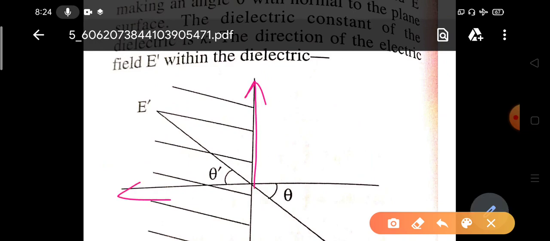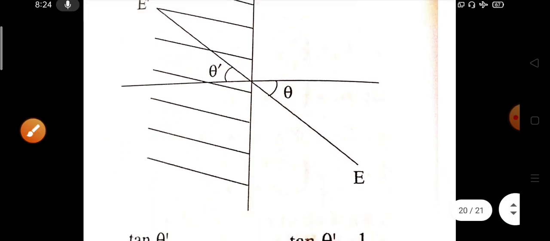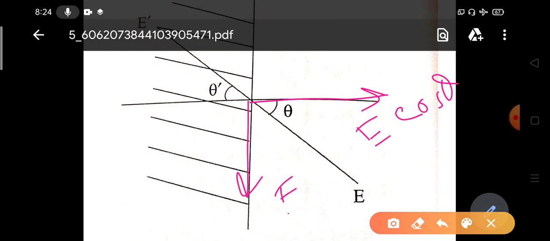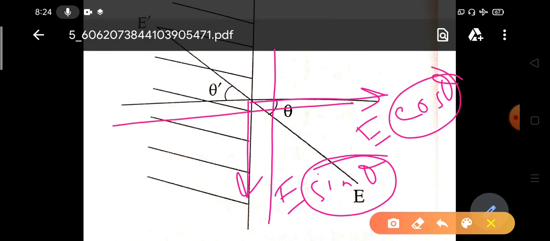It is E prime sin theta prime, and this will be E prime cos theta prime. Also do the same for the electric field E: along this direction it is E cos theta, and along this direction it is E sin theta. So in the parallel direction you get the sin theta component, and in the perpendicular direction you get the cos theta component.